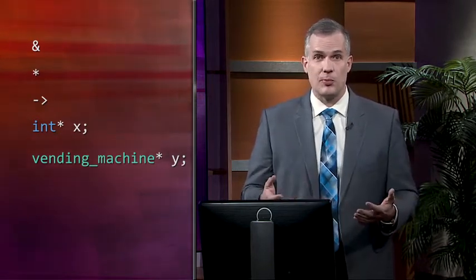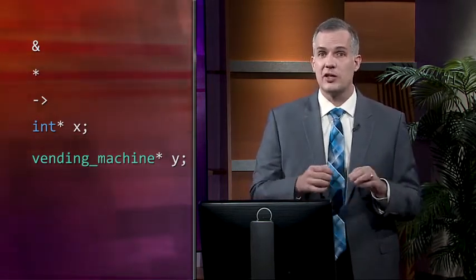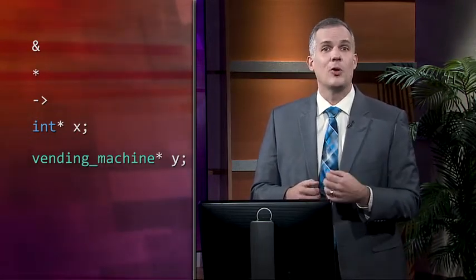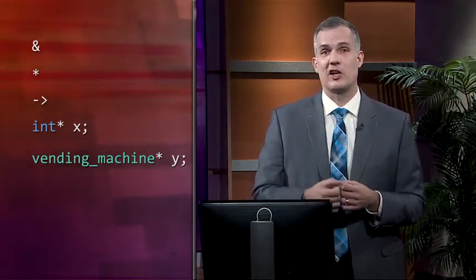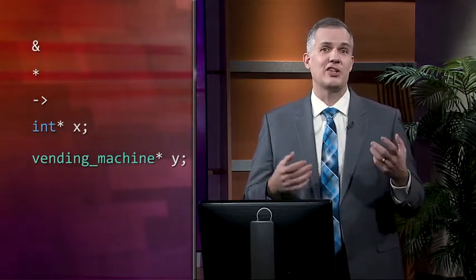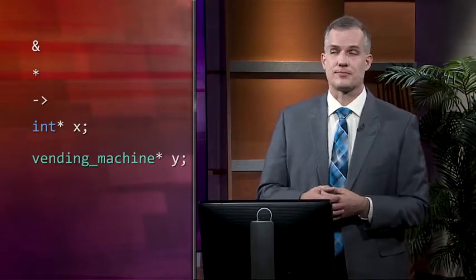Once we've declared a pointer, we can assign it a particular memory address. To get the memory address of a variable, we put an ampersand in front of the variable's name. You can think of the memory address as being like GPS coordinates.